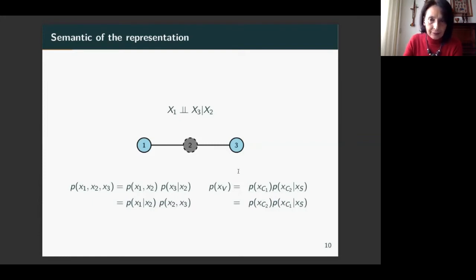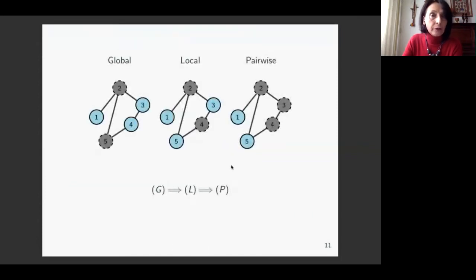Now, of course, this is a very, very small graph, but in larger graphs, this idea of blocking gives rise to various conditional independencies that go under the names of global, local, and pairwise. At a global level, two subsets of variables which are graphically separated by a third set are conditionally independent given the separating set.